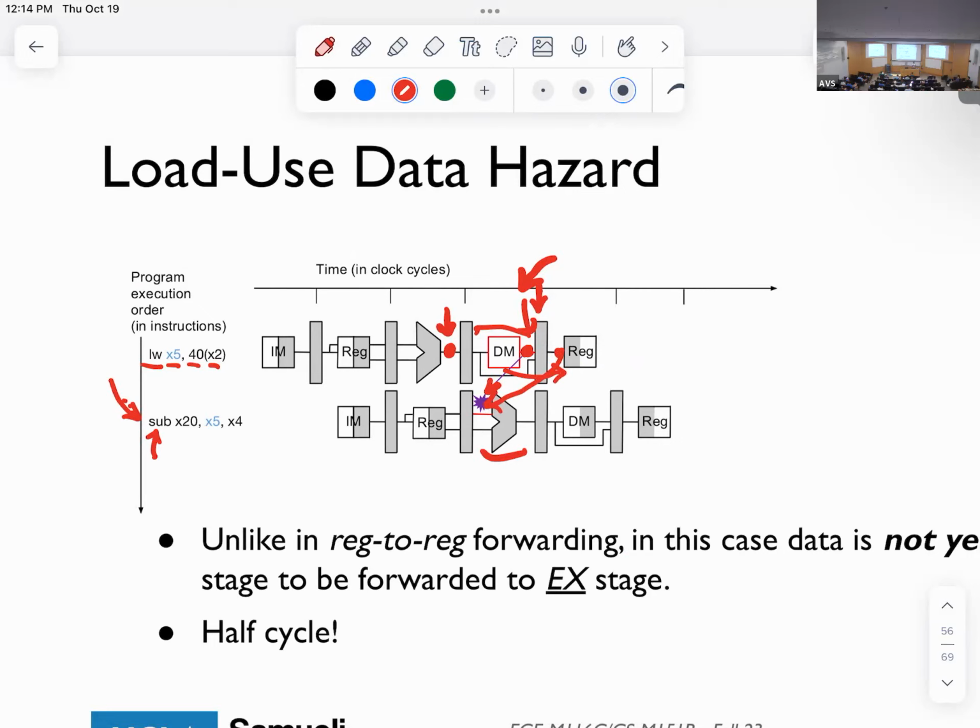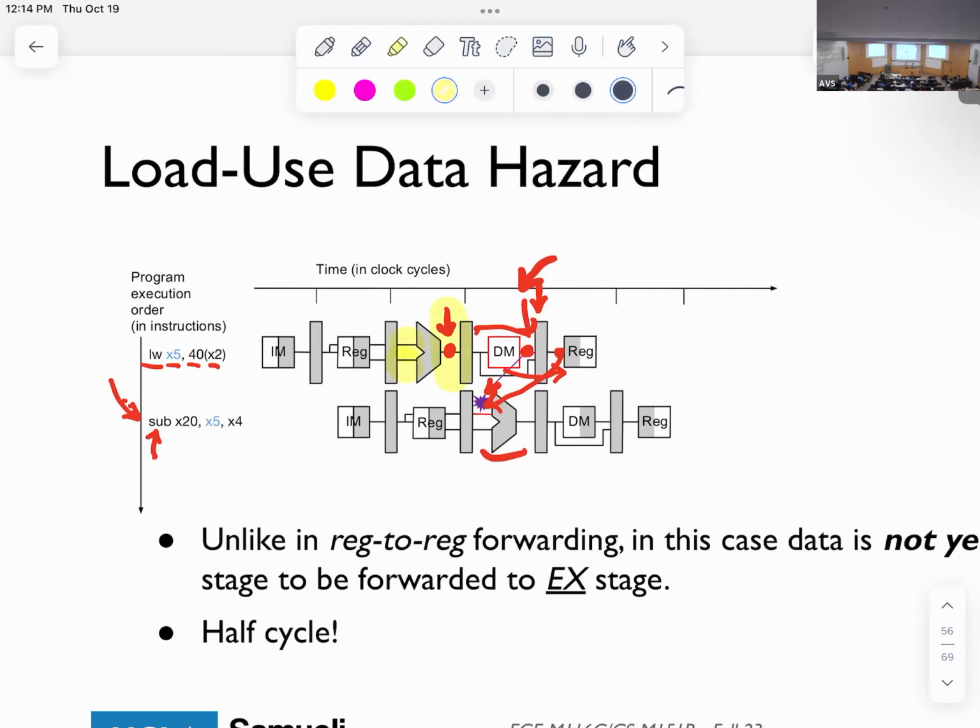Okay, so the difference between what we call a load use data hazard versus a register data hazard is that in registers I can do forwarding. Why? Because I have the data available at this point, because this is basically the results of adding or doing some arithmetic operation to my registers here and here.